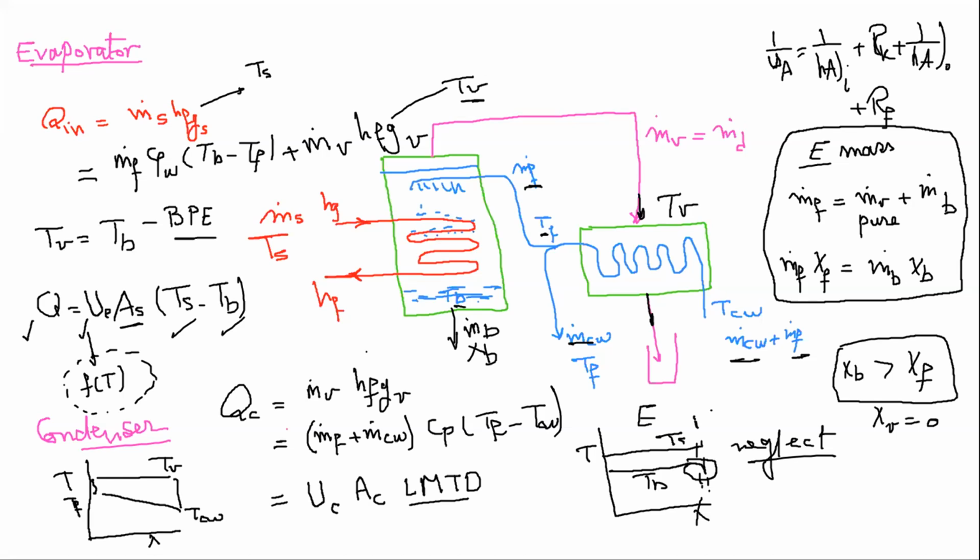When we are talking about system performance here, in thermal systems in general, which are operated by steam, we have a way that we calculate the performance. We have already been exposed to the GOR. We know what the GOR is. For our case, or in general, the GOR is m dot vapor or distillate times HFG of the vapor divided by Qin.